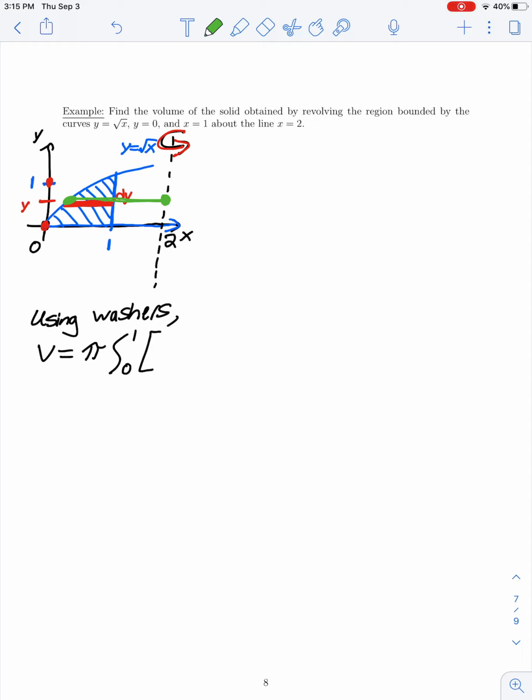But the horizontal distance that I traveled from the y-axis to this curve is given by x.